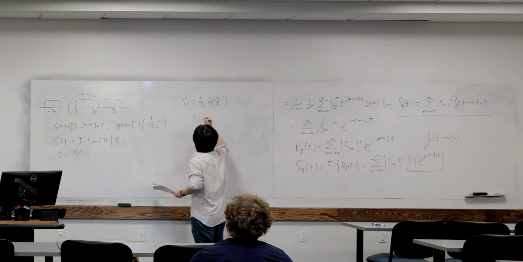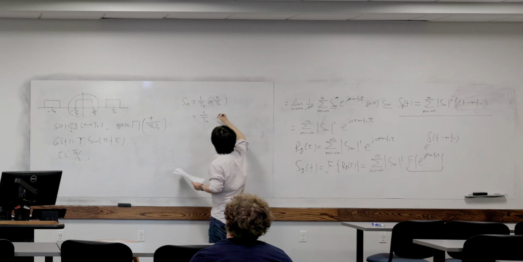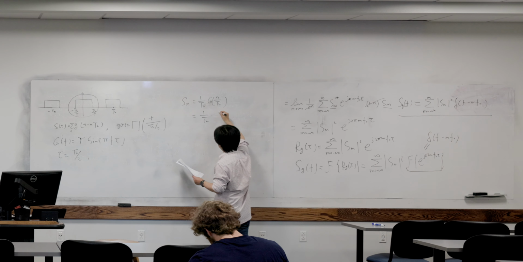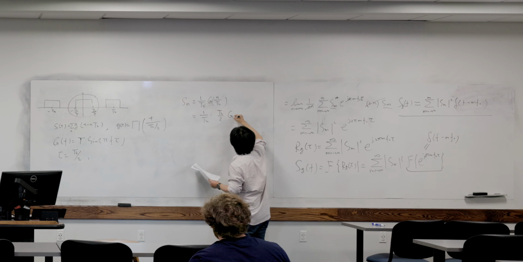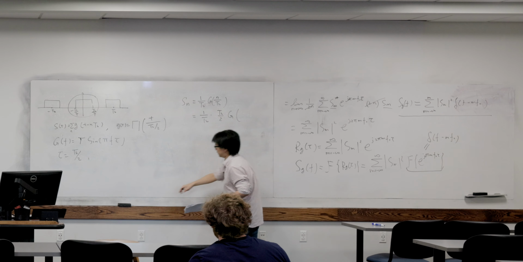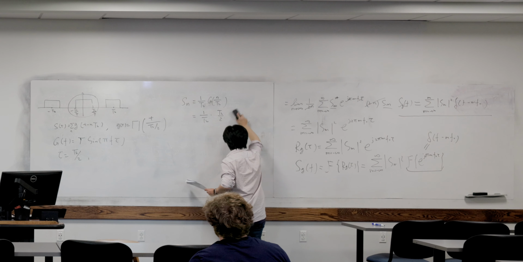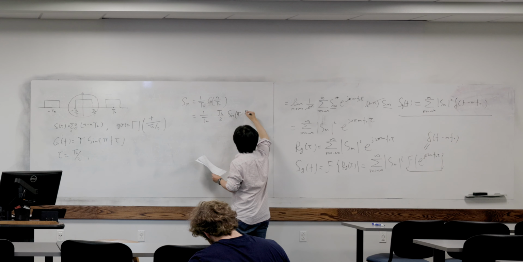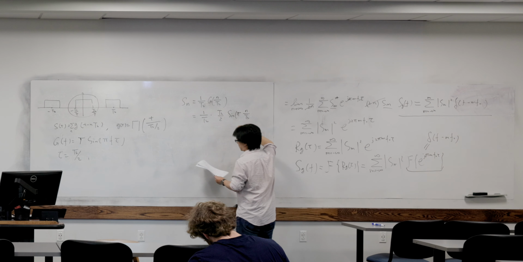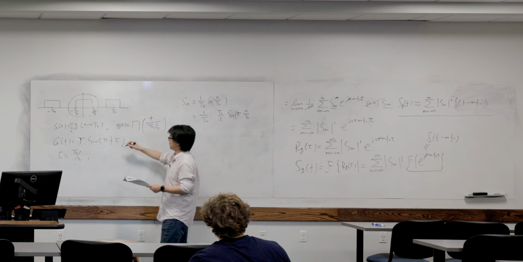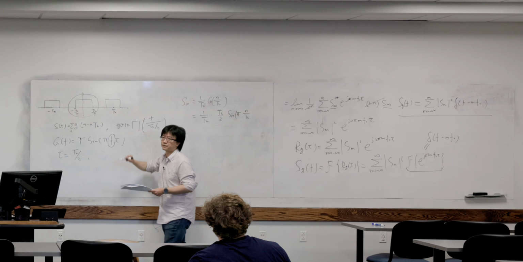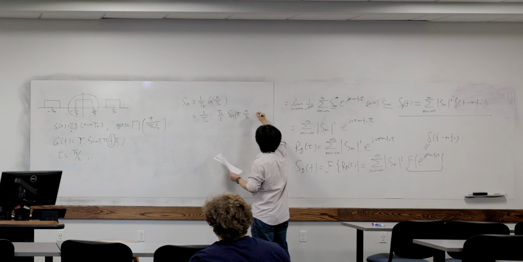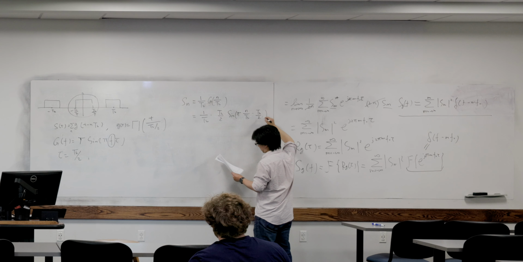So 1 over TB, and tau equals TB over 2, so TB over 2 times sinc of pi n over TB, because we replace f by n times f naught, n over TB, times TB over 2, the value of tau.